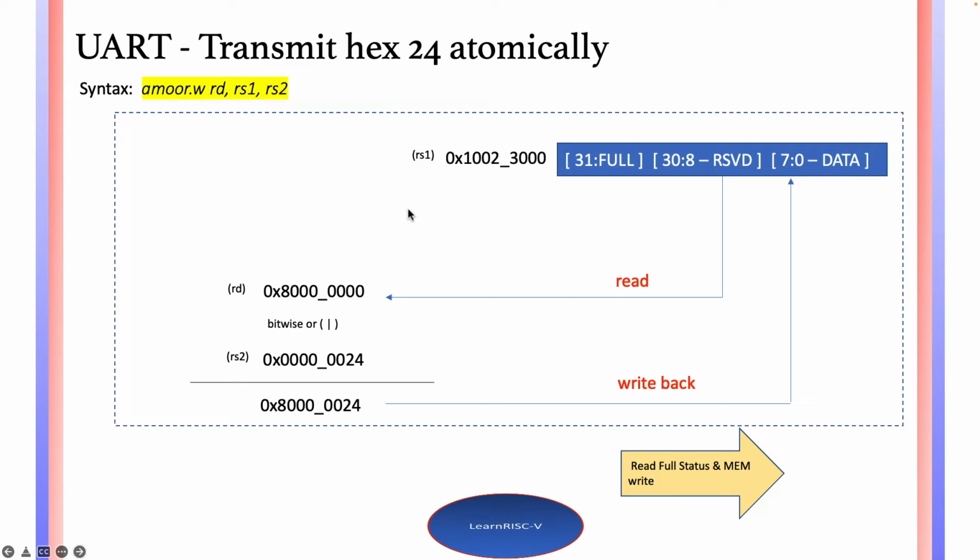So let's now see how this helps and how this solves the problem. Okay, so first, since this is a TX register, reading a TX register as per the manual would just return 0 except the full status bit, that MSB.